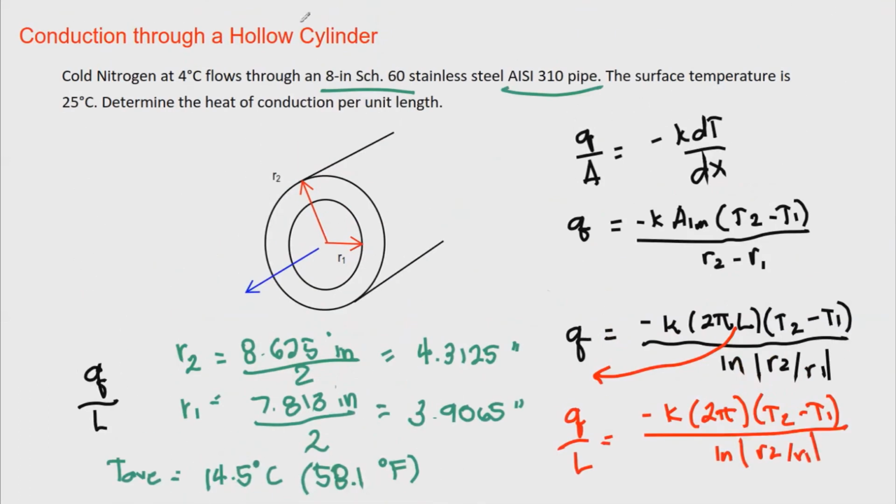So when we convert 4 degrees Celsius to degrees Fahrenheit, we get 39.2, and then 25 degrees Celsius is 77.